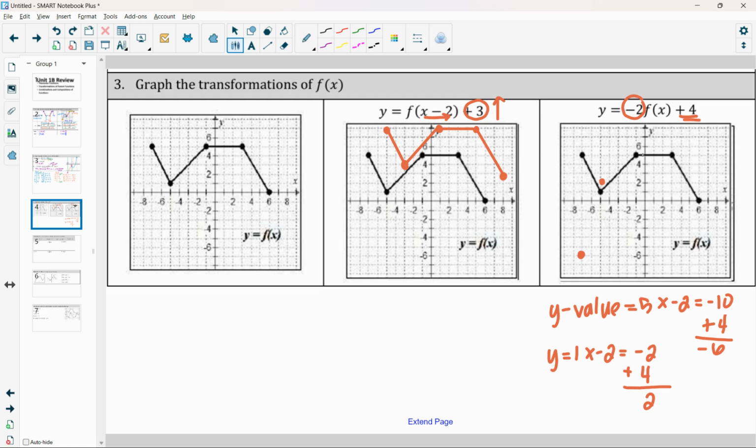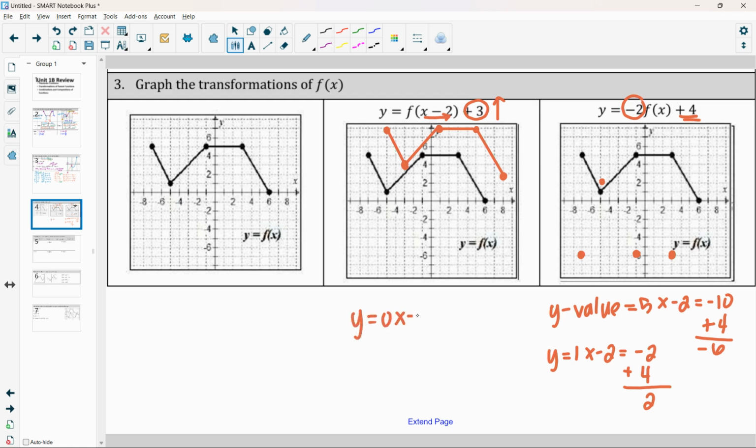This next one has a y value of 5 again. Well, we already know where that one goes. That one ended up at -6, because it's going to follow this same pattern. And then this last one, the y value is at 0.